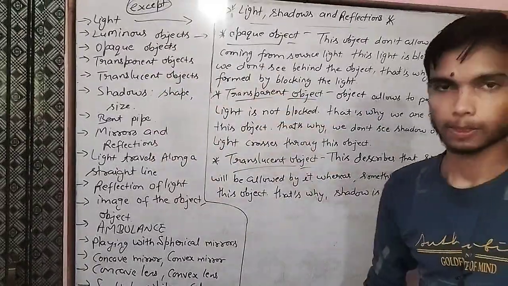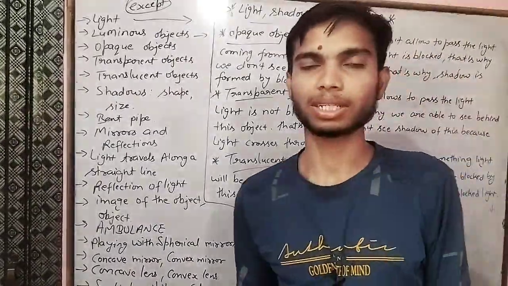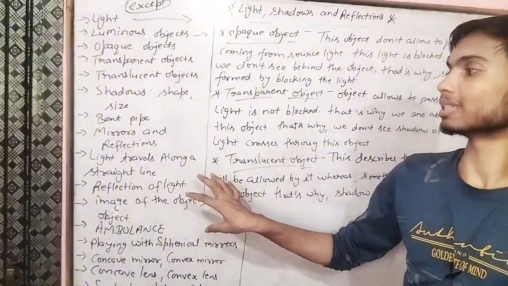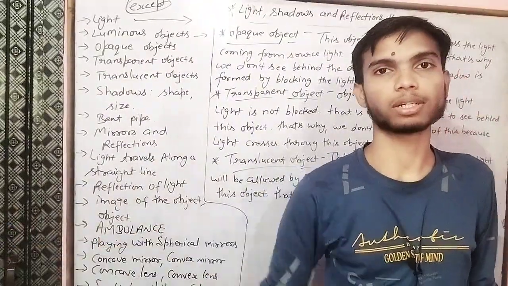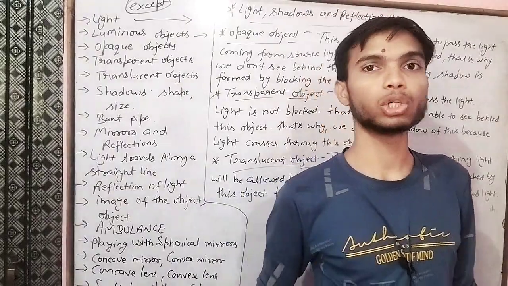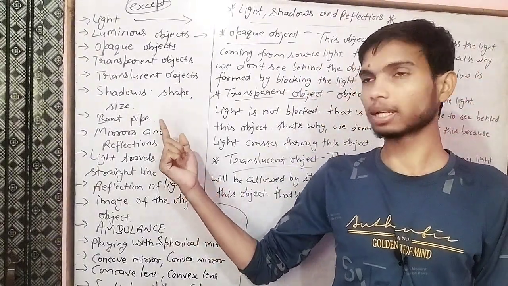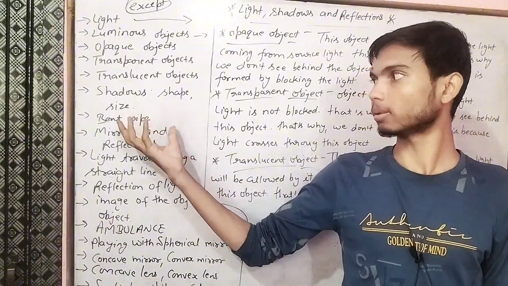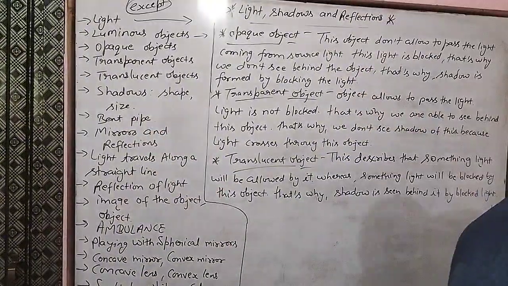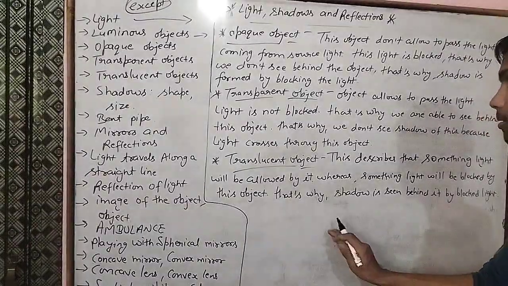Bent pipe. Bent pipe is an interesting example to understand that light travels in a straight line. It is a very interesting point, and it will be easy to understand by discussing the bent pipe activity.